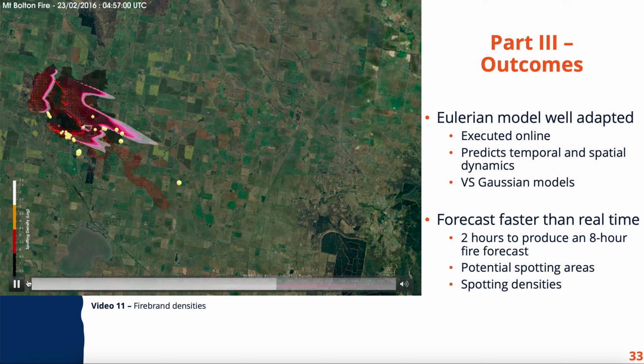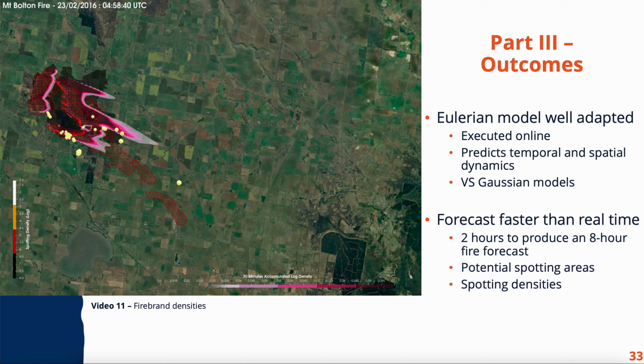So of course, this dynamic visualization is giving us a lot of detail, but it's mainly showing us that there was a high risk for having spot fires in this direction and then this direction as well.